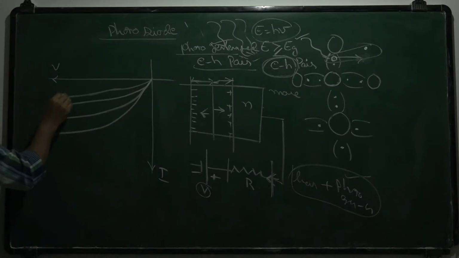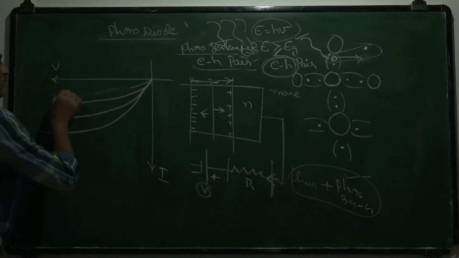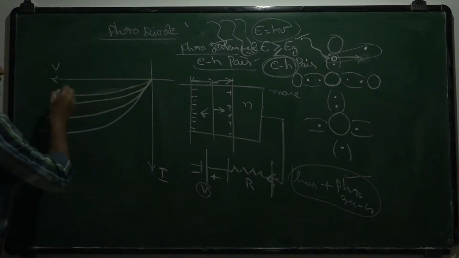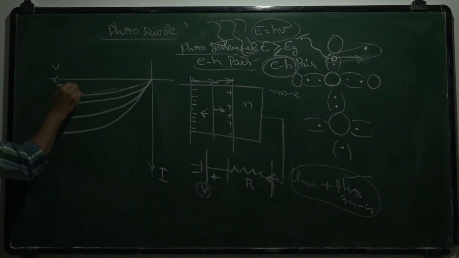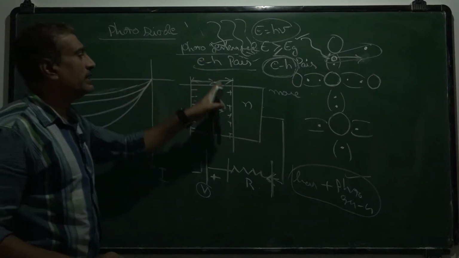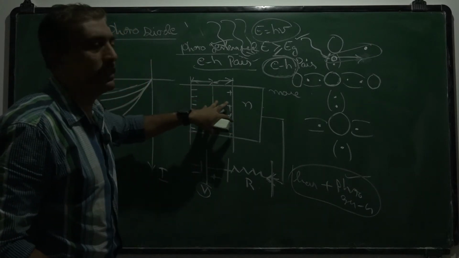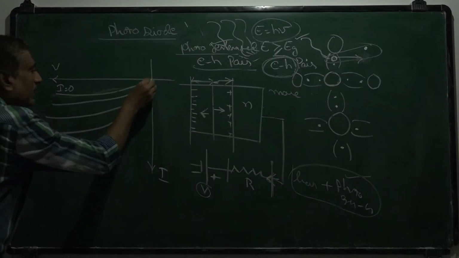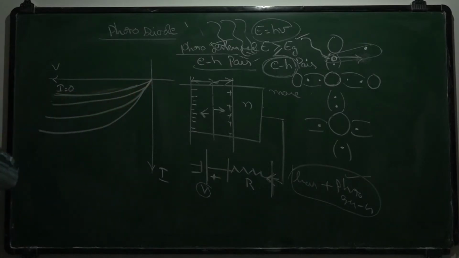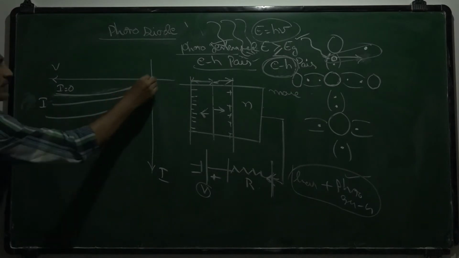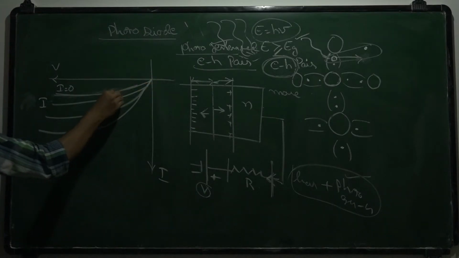This is intensity I equal to 0. That means when there is no light incident on this particular depletion layer, only the leakage current flows through this junction. But if we increase the intensity to I1, suppose the intensity is I, then the current increases like this from this position to this position.